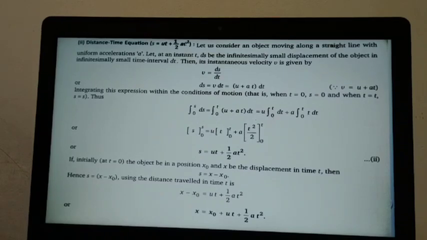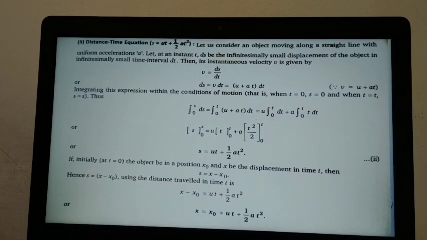S minus 0 will remain as s equal to u into t minus 0. T minus 0 will again remain as t plus a into t square by 2 minus 0 square by 2, which is a variable there t, and the t gets value upper limit, means t square by 2 minus 0 square by 2. Again that will become t square by 2.